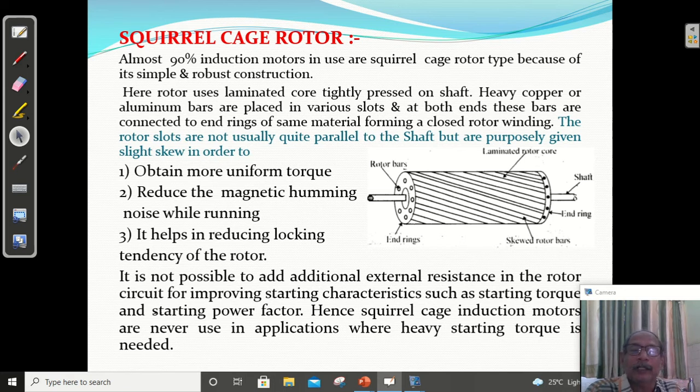But what is its disadvantage? In a squirrel cage type of rotor, both ends of the winding are shorted. So you can't insert additional resistance to control torque, power factor, speed. It is very difficult. Clear? That is the main drawback. Otherwise, it is very robust. Robust means, why it is robust I will discuss.